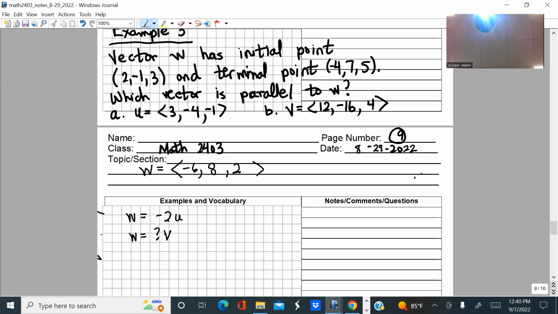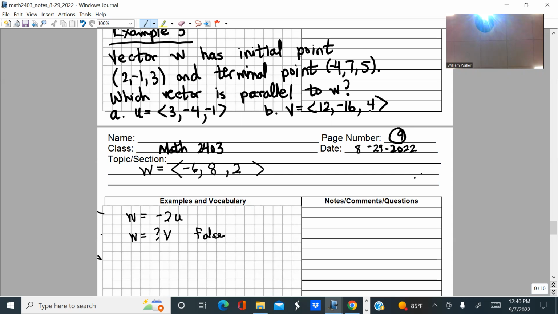And -1/2 times 4 though is -2, right? So oops, didn't quite work, right? So this answer is false. I don't think there's anything you can multiply by v to get w, because it would have to be -1/2, but that doesn't quite work.